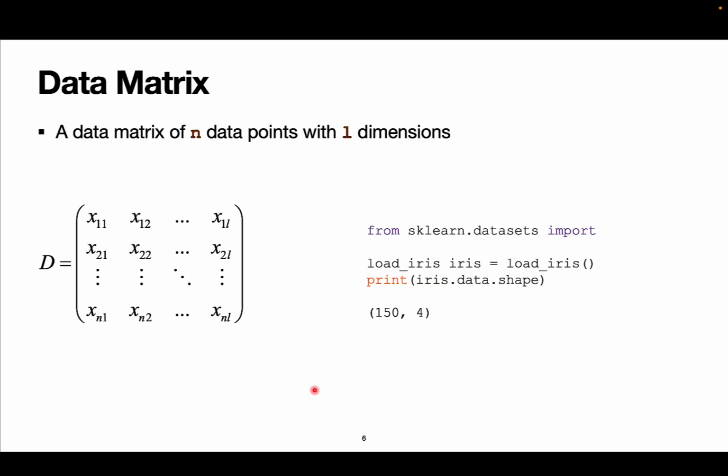Very often, we present multidimensional data points as a data matrix. In this example, we loaded the iris dataset, which consists of 150 data points, n equals 150, and it has 4 dimensions, so L is 4.